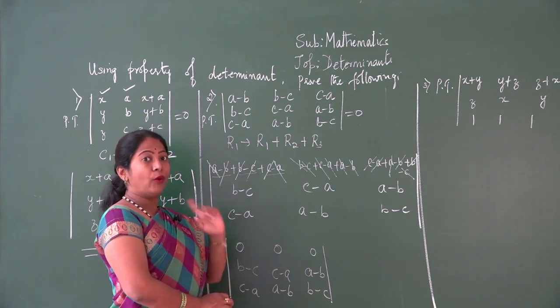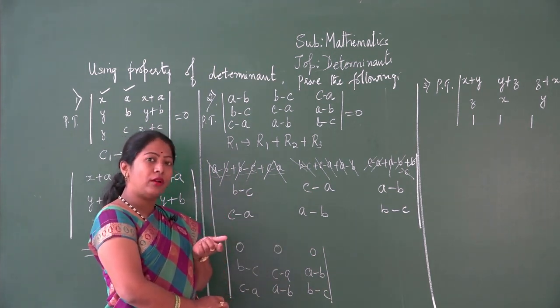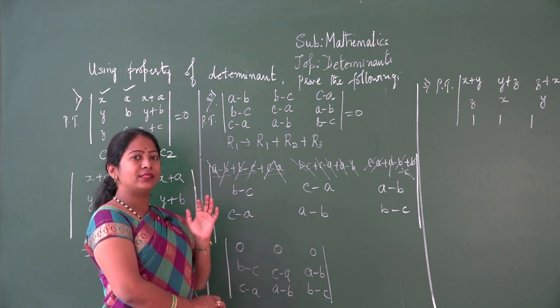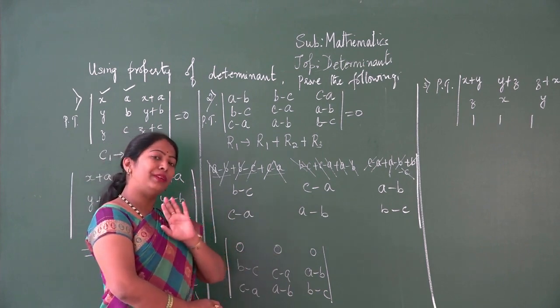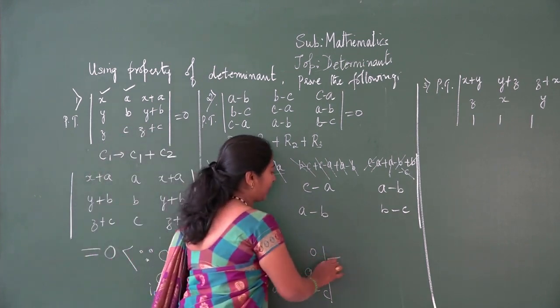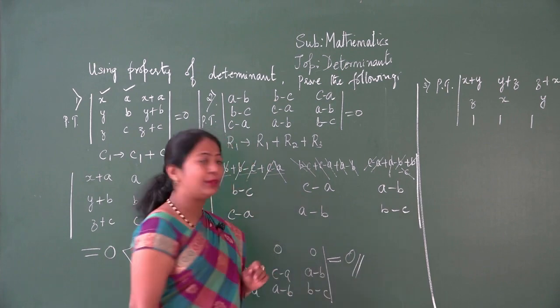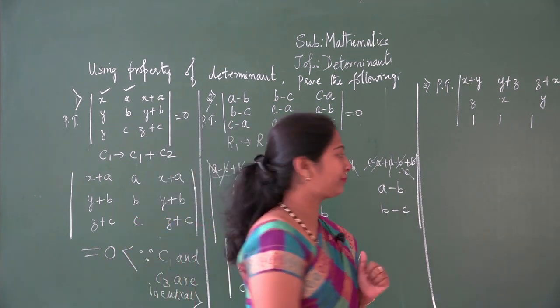The property states that if all the elements of any row or any column are 0, then the value of the determinant tends to 0. So, directly we can write the value of the determinant is equal to 0.